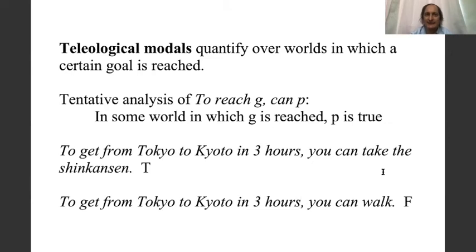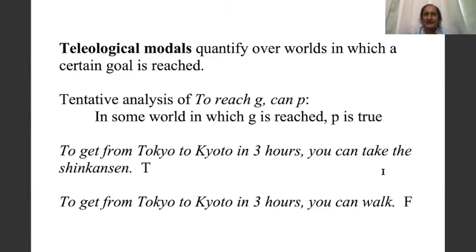Okay, let's look next at teleological modals. A teleological modal quantifies over worlds in which a certain goal is reached. And we're going to have to add something here that we didn't have to add to the other ones. But first, let me give a kind of a broad outline of what we want to do, and then we'll see how we can make it work.